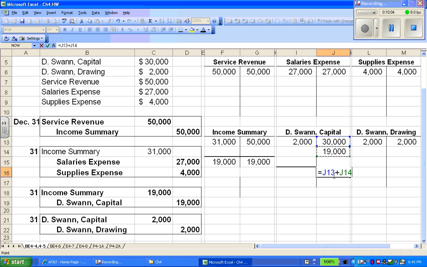I'll add the 19,000, but then I want to subtract out the 2,000 in drawings. All right, so our capital account had a beginning balance of 30,000, and now at the end of the year, when we close it out, we'll have an ending balance of 47,000, and that's what your owner's equity statement will reflect. Okay, so that's both of those problems, and that was on page 177.